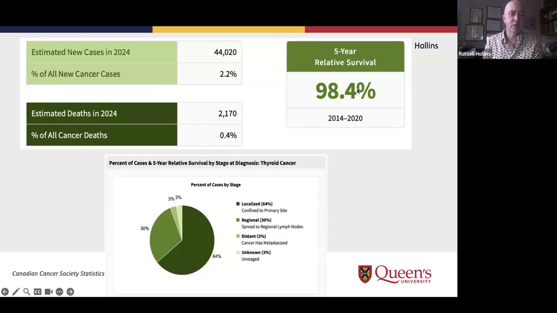It represents 0.4% of all cancer deaths in the country. And of the different presentations, the vast majority are localized, which means it's a single lesion in the thyroid. On occasion, there are regional metastases, so that's the next higher. Regional metastases in this case means lymph nodes in the neck. And much less commonly, there is distant metastatic spread.